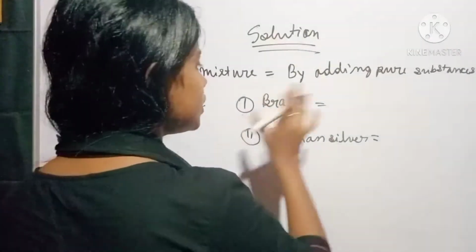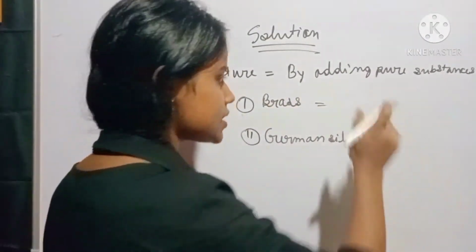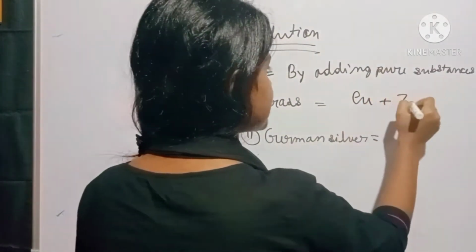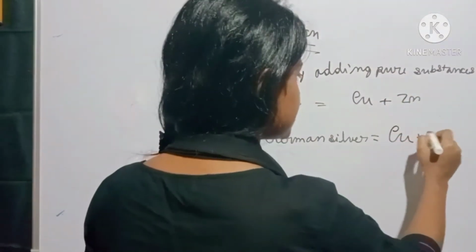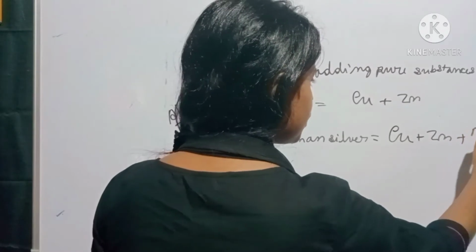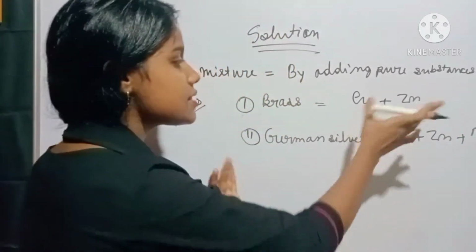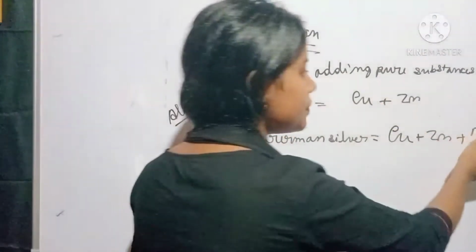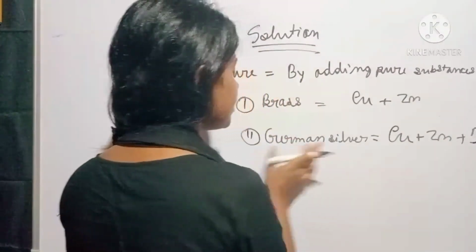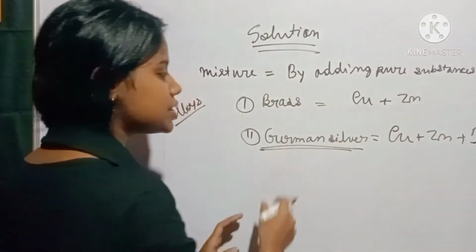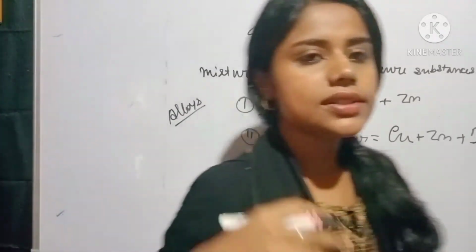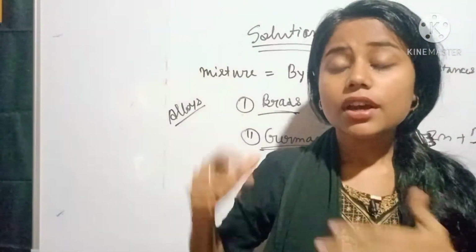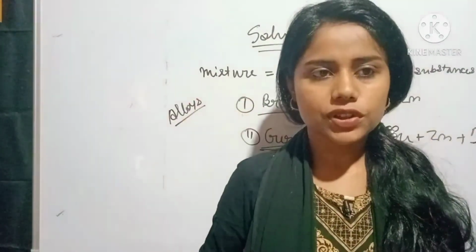In brass the pure substances are copper plus zinc, and in German silver there is also copper, zinc, and another one, nickel. See, just one component is changed, and we get a product completely different from the other product. So solutions are really very important in daily life.